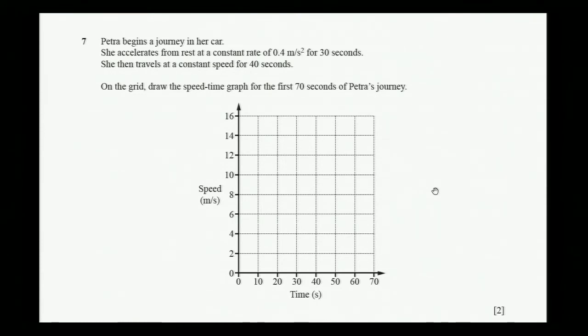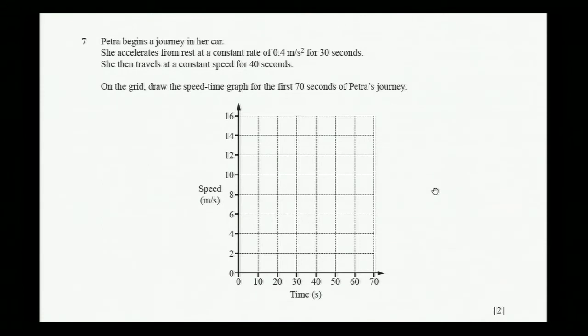Okay, you see from this one, she accelerates from rest at the constant rate of 0.4. This is the acceleration. For the speed-time graph, if this is acceleration, the straight line will be what? Going up. Okay? It will have a gradient.